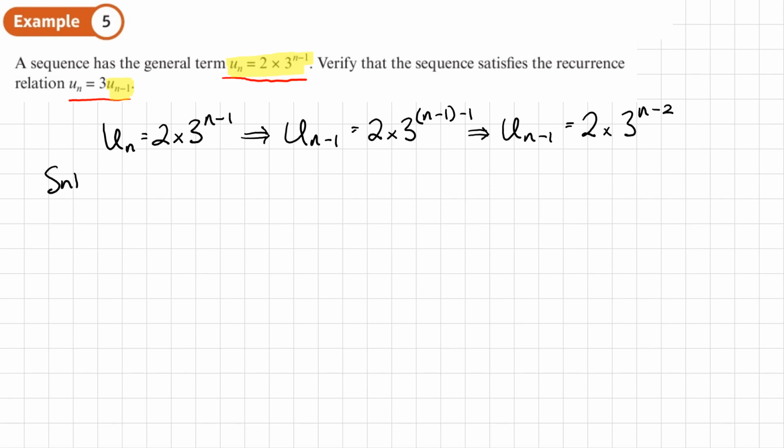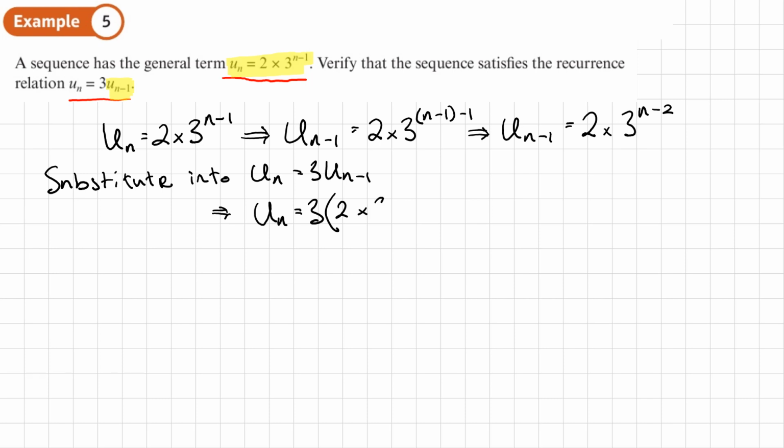Now we substitute this into the un equals 3 un minus 1. If we do that, we'll get un equals 3 times un minus 1, which is 2 times 3 to the power n minus 2. That can be written as un equals 2 times 3 times 3 to the power n minus 2.